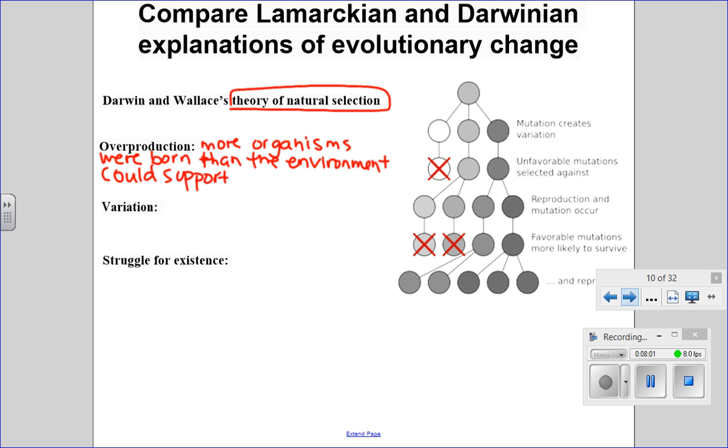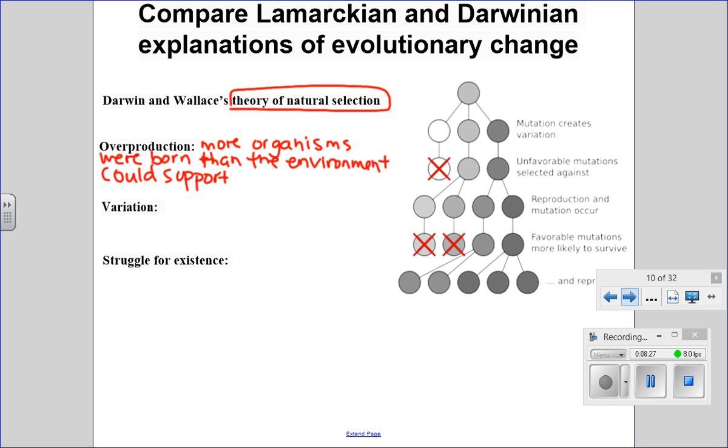We have found a bunch of ways to circumvent nature and to support more organisms than maybe our environment allows. But that's not true everywhere in the world. If you think about other countries, other places in the world, this would be true in a lot of places. There are more organisms born in each generation than can possibly be supported. So there's this idea of overproduction.